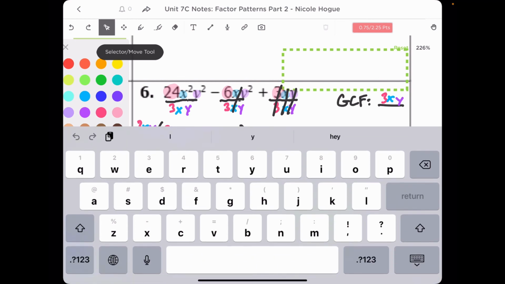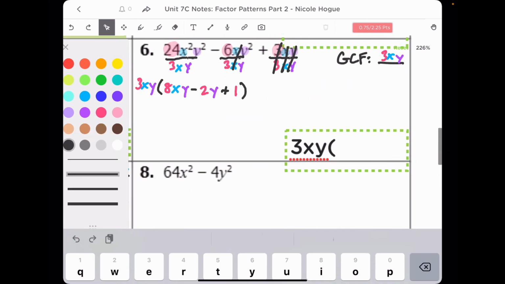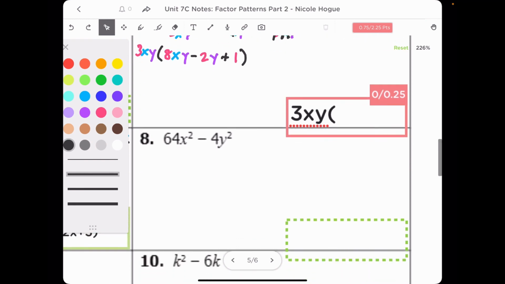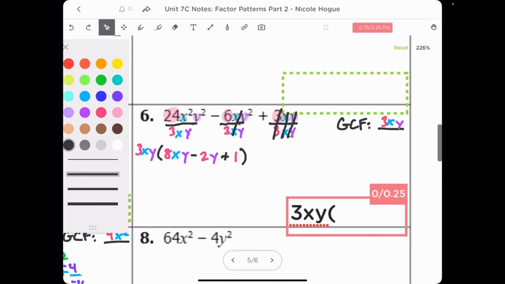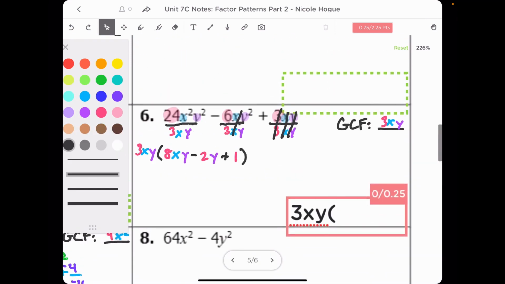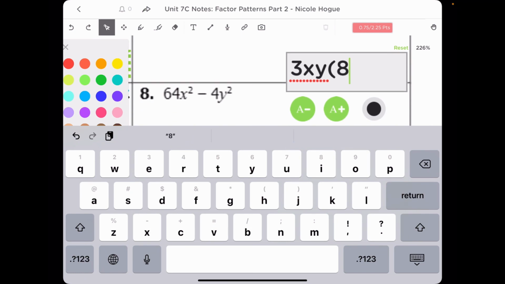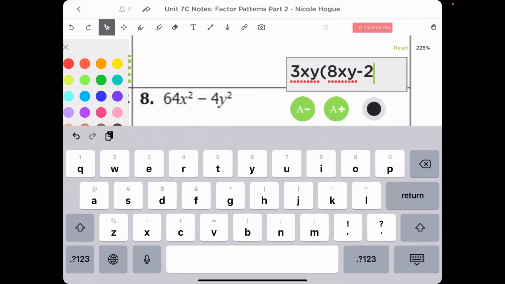So we would be left with 3xy times 8xy minus 2y plus 1.